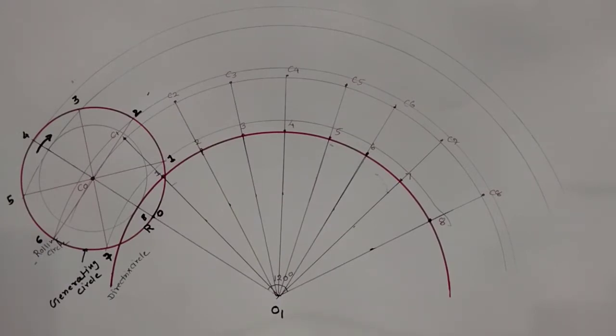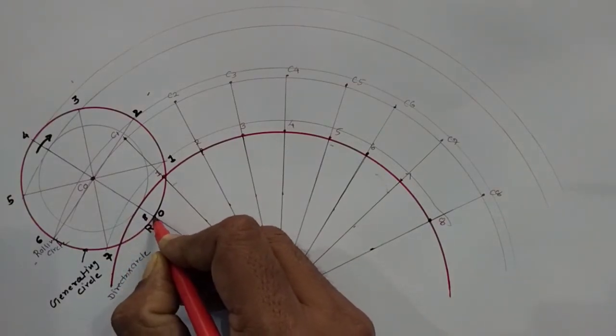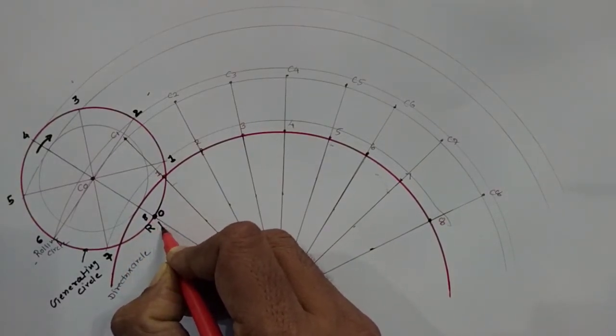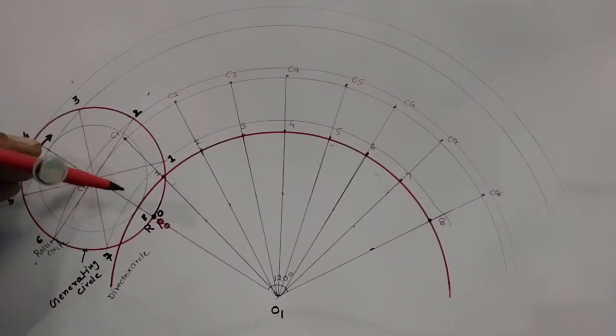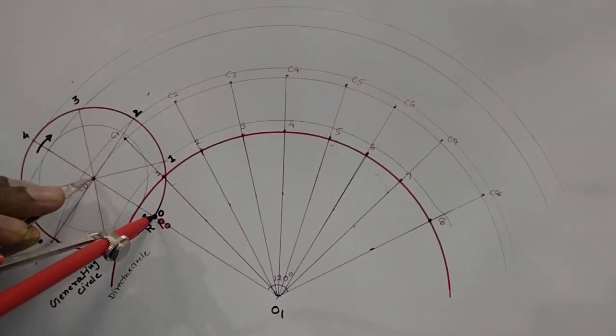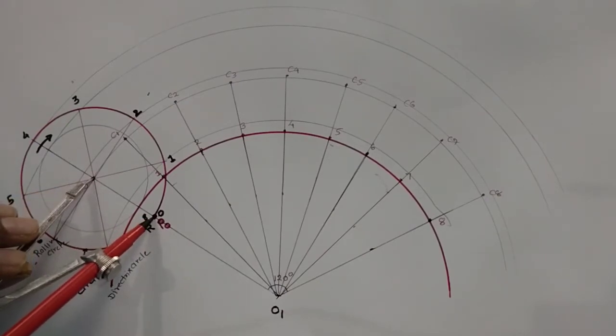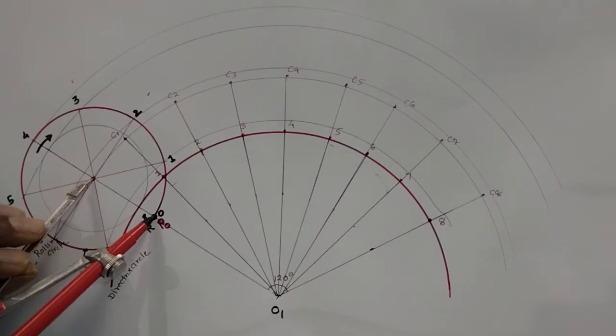Now, for the superior epicycloid, this is our starting point P0. I take the radius of the generating circle instead of the rolling circle. Here we choose the radius of the R point because we are going to construct the engineering curves with reference to R points.